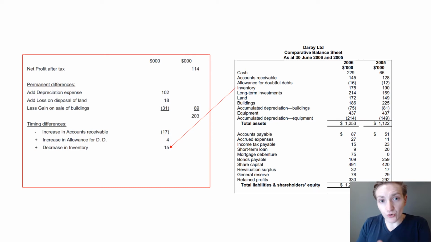The next thing we might do is deal with the decrease in inventory. The way inventory would usually decrease is that it generally arises when you've sold goods. So for example, you decrease inventory arising from COGS. Basically what happens here is you debit cost of goods sold, credit inventory. So therefore you need to add any decrease in inventory.